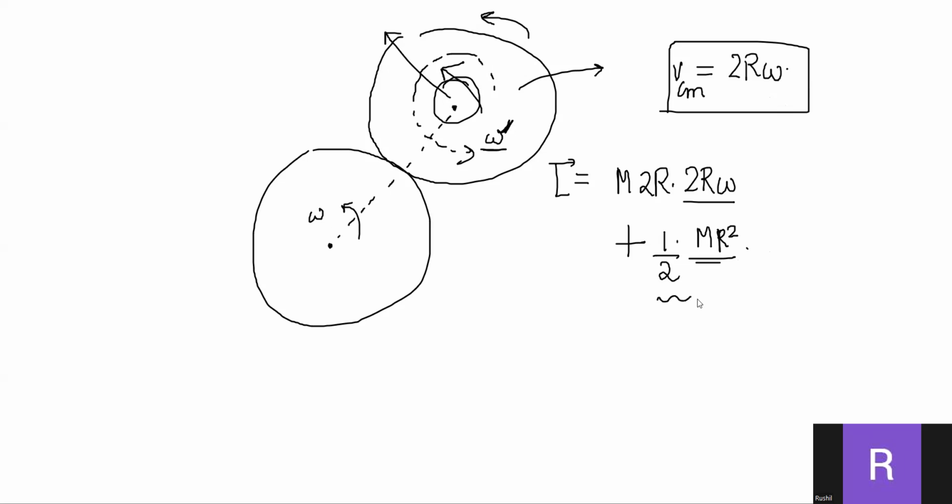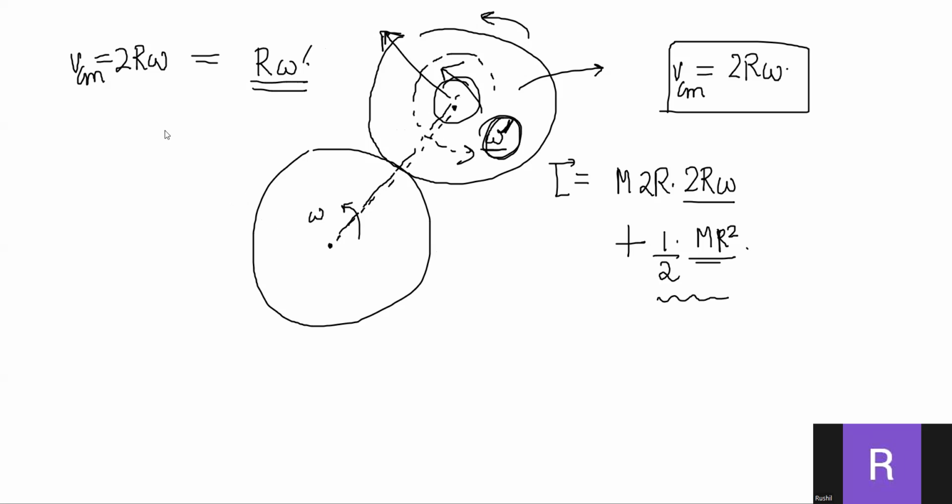Yes, that's what I've written. We have to find this omega. This omega is the rotation omega for its own rolling motion. So that omega will be different from this omega. The VCM that we have, 2R omega, should be equal to R omega dash for pure rolling, because this is not turning or anything.